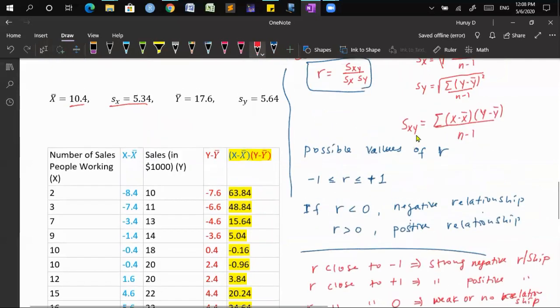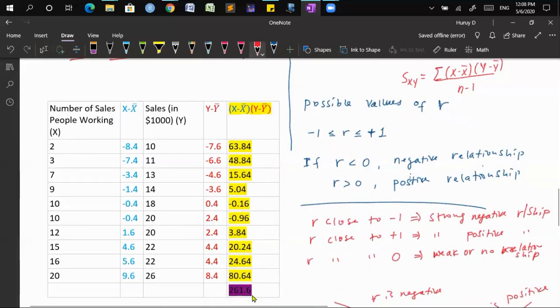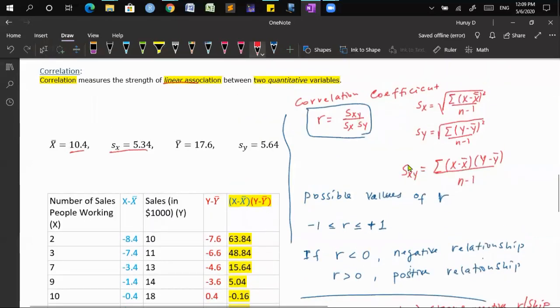Now, to find s sub xy, this numerator is this sum. Therefore, you just divide this number by n minus 1. And then that will be your s sub xy. And you divide this s sub xy by the product of s sub x and s sub y.